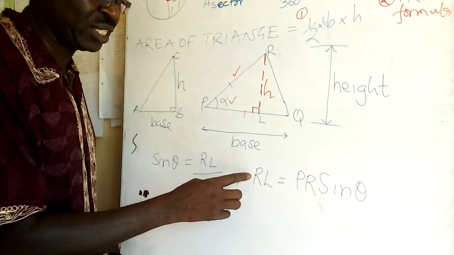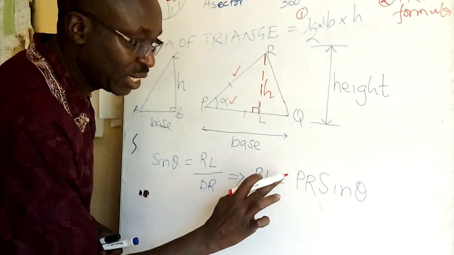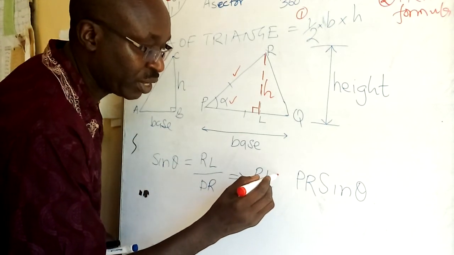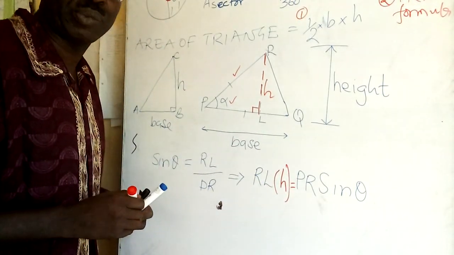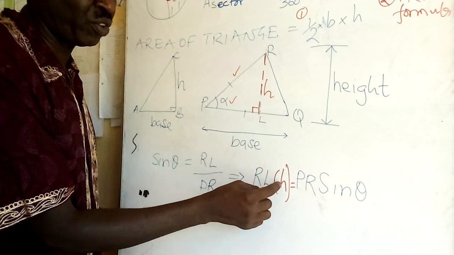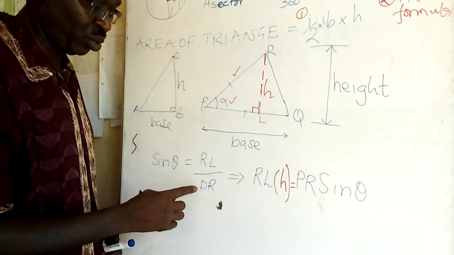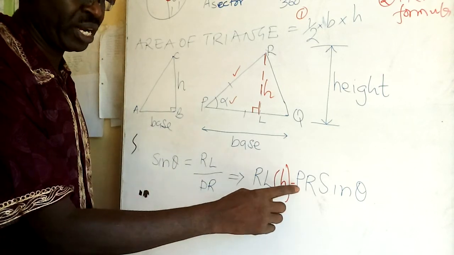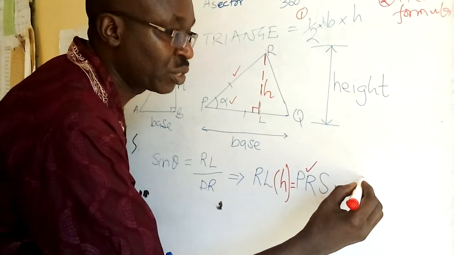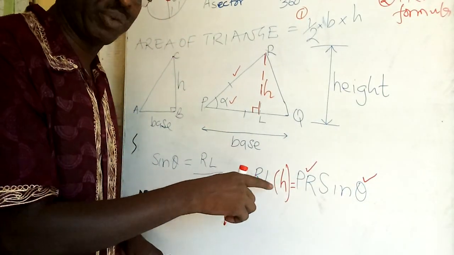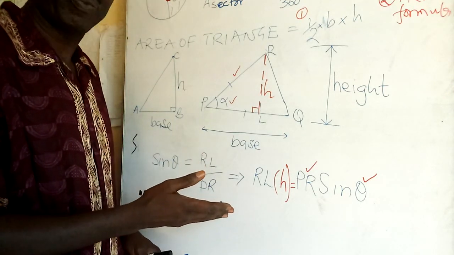Remember, what I want is RL, and that RL stands for H. It is the H that I want. So you cross multiply here. PR times sine theta. Now you know PR, you know sine theta. You should be able to get H. This is simple.